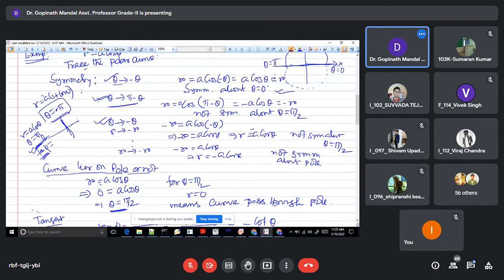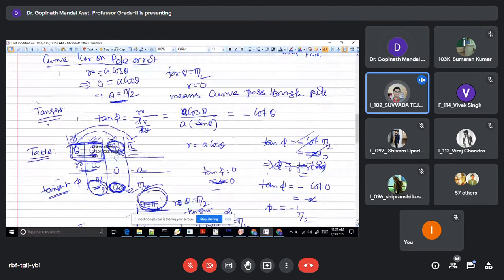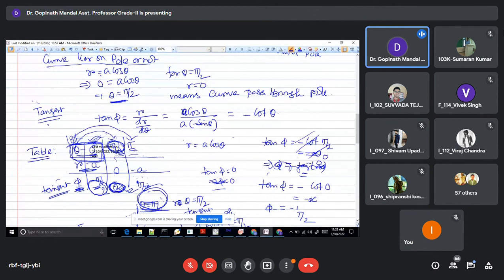For any other value of theta, we say the curve does not pass through the pole. If it passes through the pole, then find phi there. You can find the tangent at other points too, but if it passes through the pole, first find the tangent there, at theta equal to pi by 2.